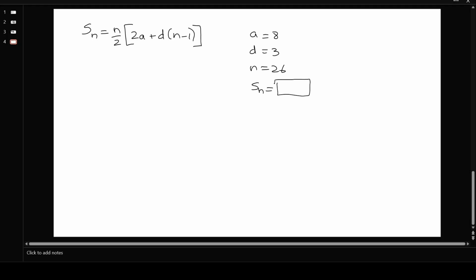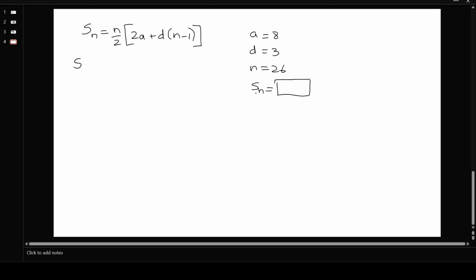So I'm just going to write the formula out again on a new page. Sn equals n over 2 (2a plus d bracket n minus 1). My a is 8, my d is 3, my n is 26, and the thing I don't know is the sum of all these terms, and I'm going to find that out very quickly right now.